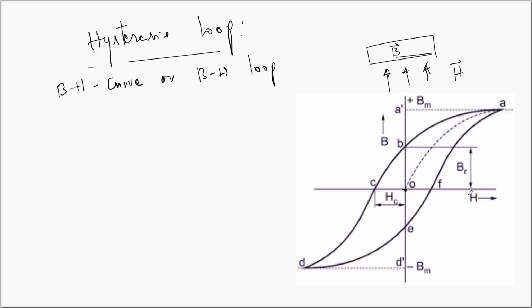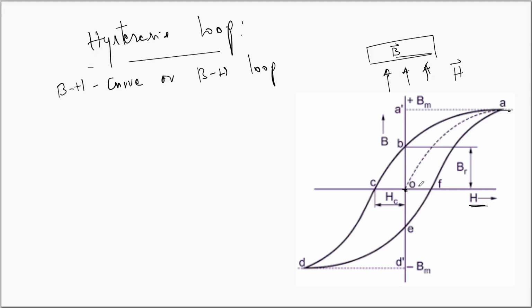Once the external magnetic field intensity H is started increasing, you notice that it slowly increases and it reaches a value called the saturation induction. So from O it begins, as H is increased, the field B begins to increase slowly.